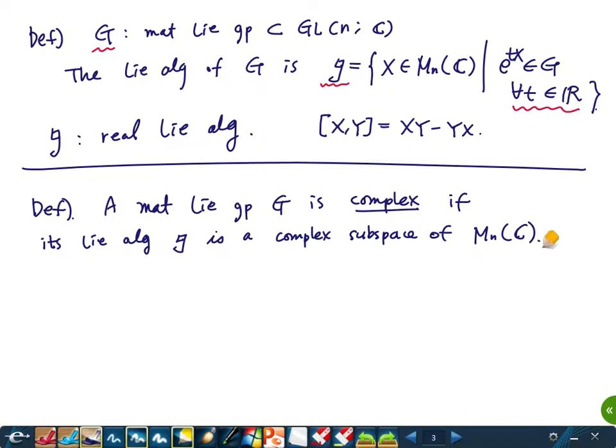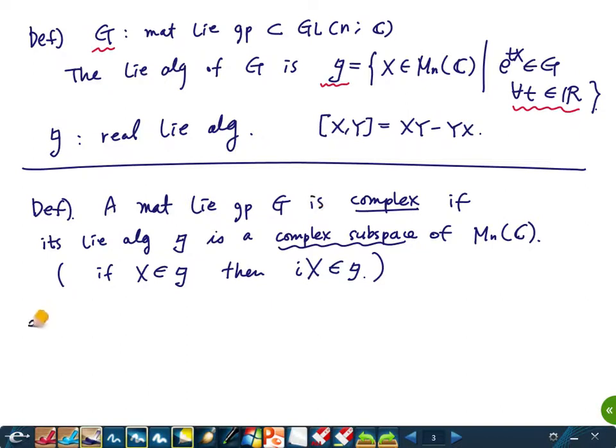Complex subspace means that if X is in g, then i times X must be in g. This is what I mean by complex subspace. Just from the definition, it is not guaranteed that we have iX there. So if that's true, then the matrix Lie group is called complex.